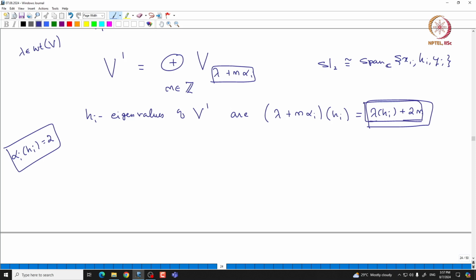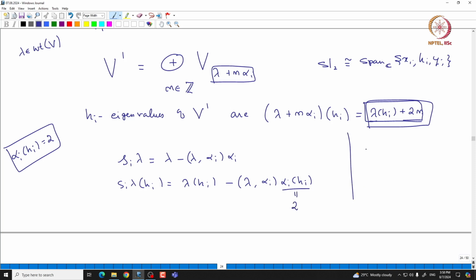Now let us look at s_i of lambda, which is lambda minus the inner product of lambda with alpha_i times alpha_i, and evaluate s_i of lambda on h_i. That is nothing but lambda of h_i minus lambda, alpha_i times alpha_i of h_i, which is exactly 2.